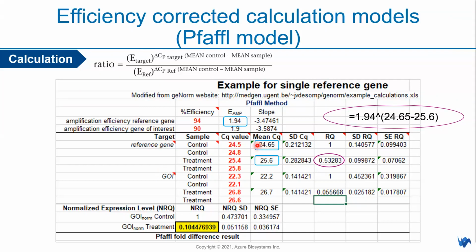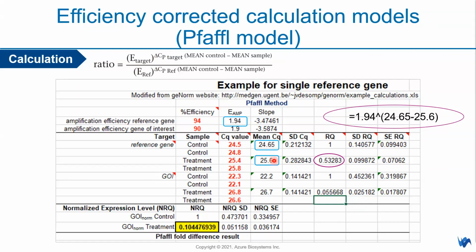Then how you get the relative quantification within the sample itself is this. The calculation goes like this: efficiency to the power of, bracket, reference genes in the control sample minus the reference genes in the treated samples.